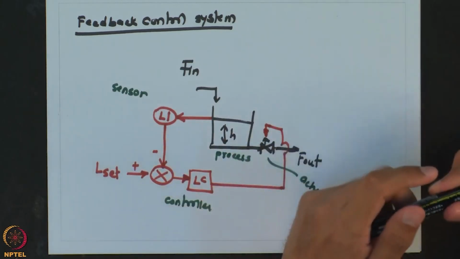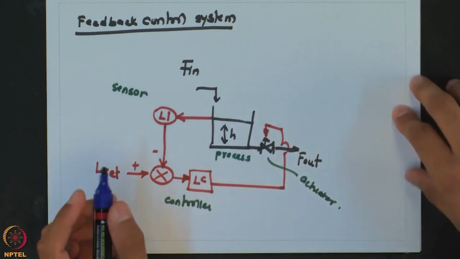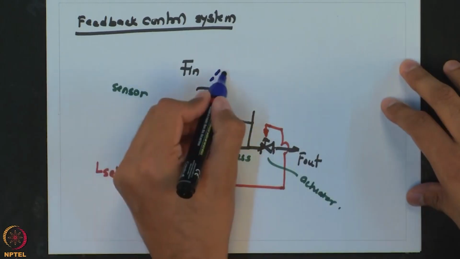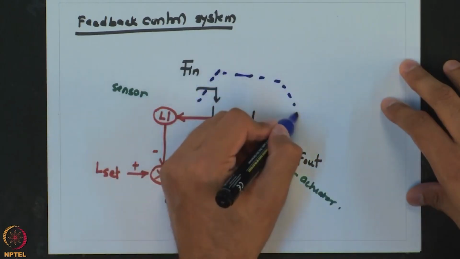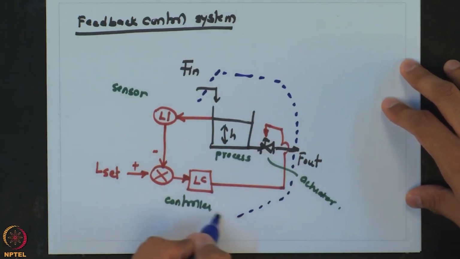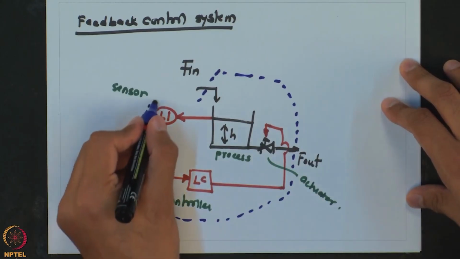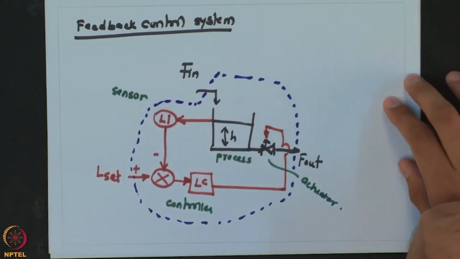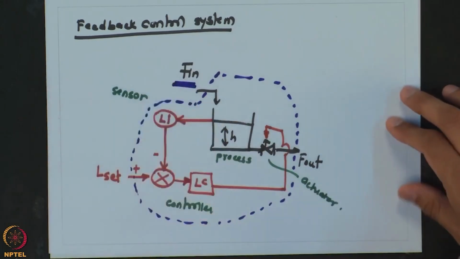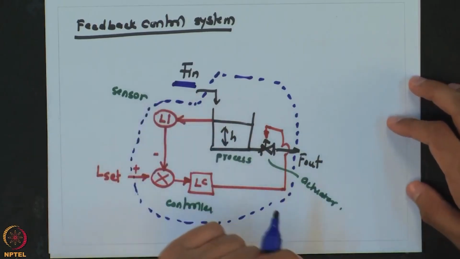In general, if you see how this entire process is going to interact, we can draw a boundary. The way we are going to interact with this system is that some disturbance may occur in the system, and then the control system should be able to reject that disturbance.